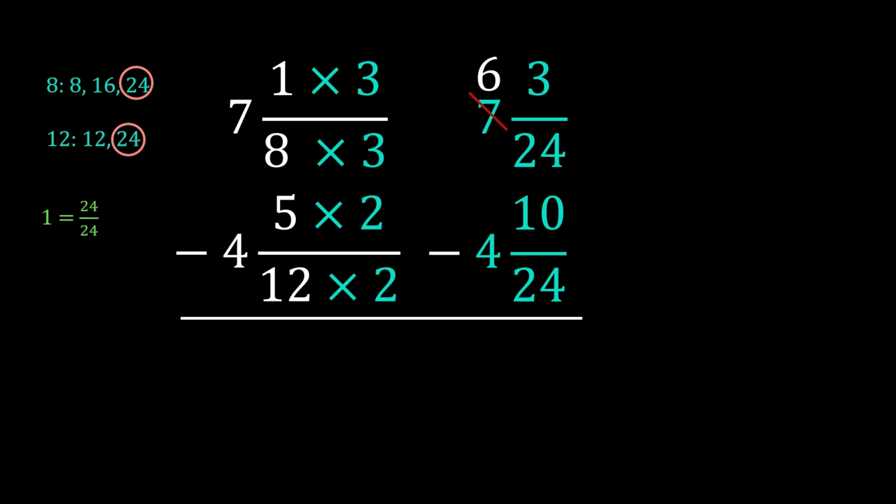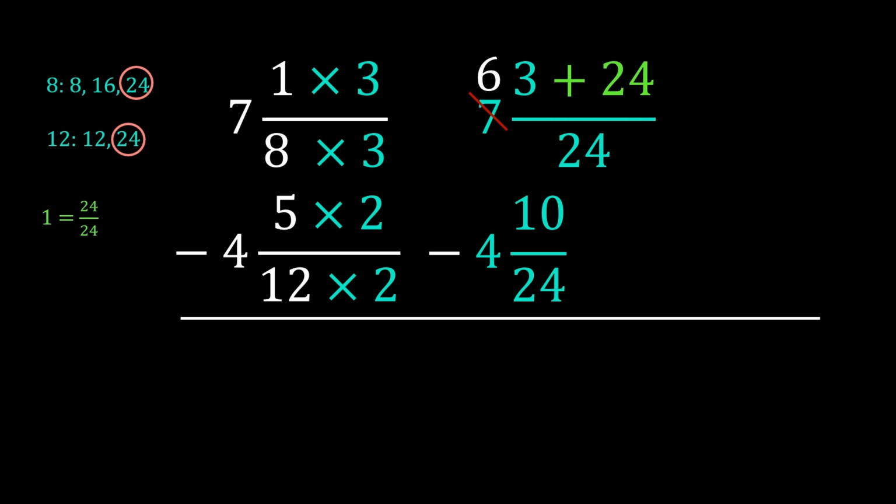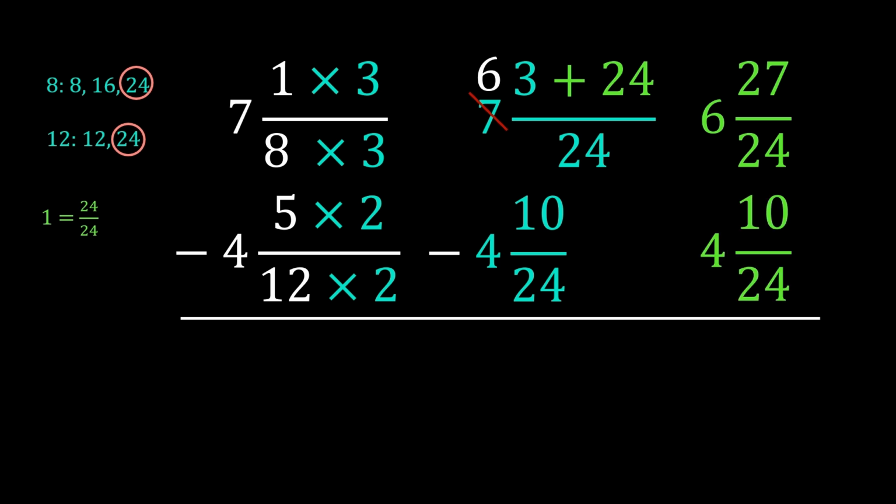So the whole number 1 is equal to 24 24ths. And I'm going to give those 24 24ths to my 3 24ths, which means I'm going to add 3 24ths and 24 24ths. So the whole number 6 remains the same. Now I have 27 24ths. So I'll have 6 and 27 24ths minus 4 and 10 24ths.